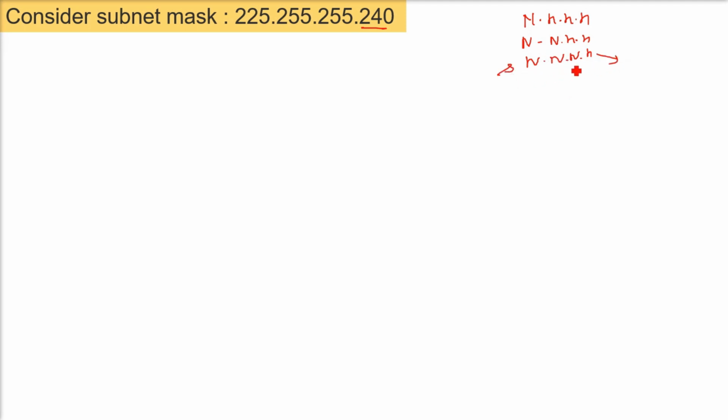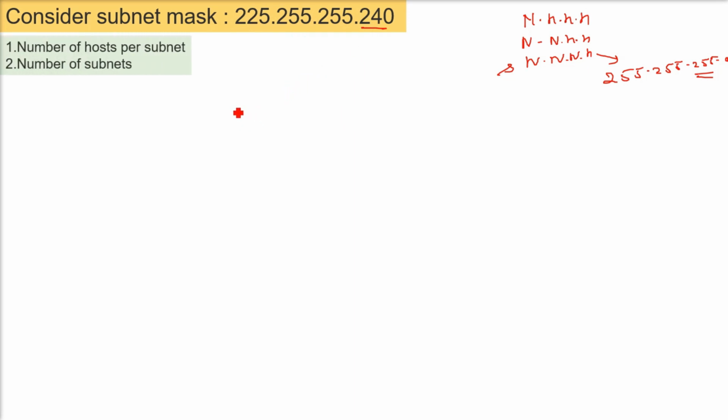If you are taking class C, you know that the first 3 will be for the network and the last one will be for host. The default subnet mask for class C is 255.255.255.0. But we are not being told which type of subnet mask it is. We have to find out the subnets and the hosts per subnet.